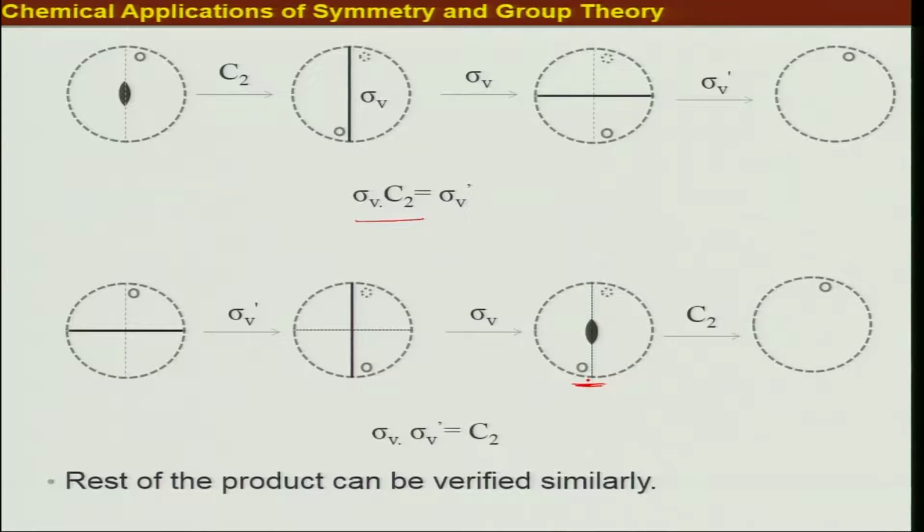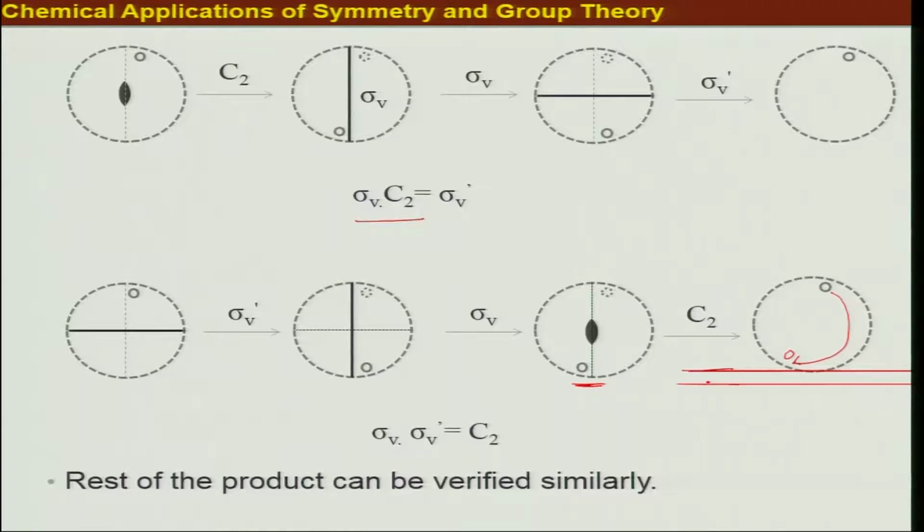Now if I would have taken C2, here it is shown like from here I can go to this point by C2. Similarly, from here I could come to this point. Okay. So if I could operate C2 from this original point, I could reach over here, which is identical to this structure.